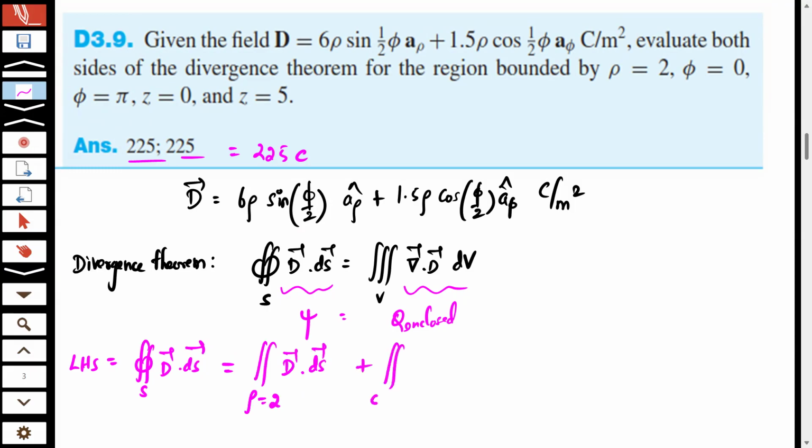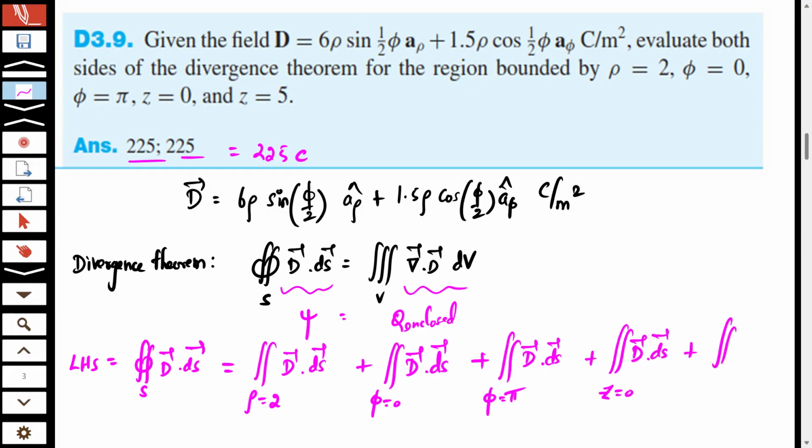Another surface is phi equals 0, D dot dS. The third surface is phi equals pi, D dot dS. Then the next surface is z equals 0, D dot dS. Then the next surface is z equals 5, D dot dS.